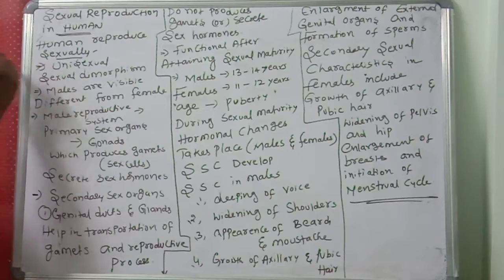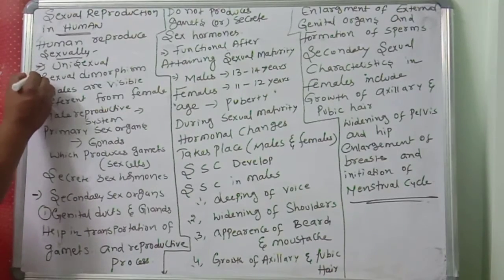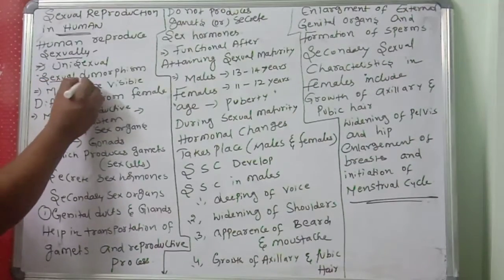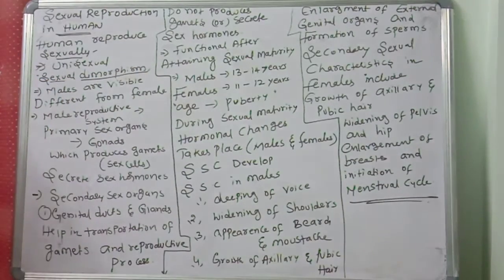Humans are unisexual, male is separate and female is separate. This shows a very important feature, sexual dimorphism. When the male and female are separate, that kind of arrangement is called sexual dimorphism.